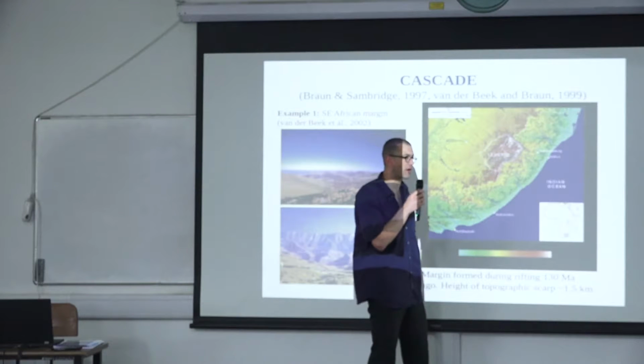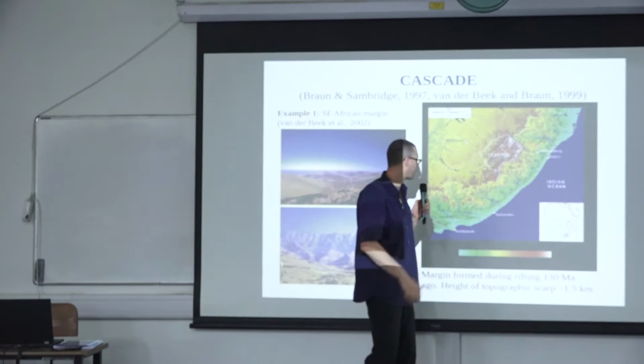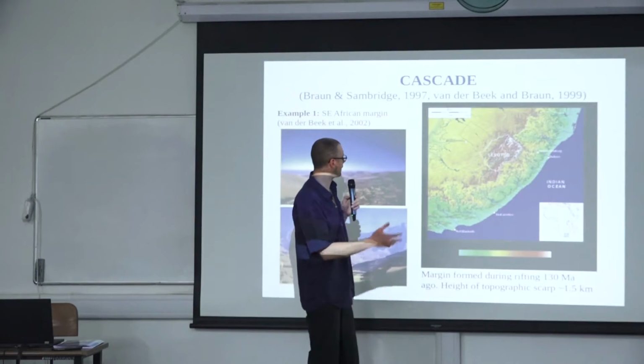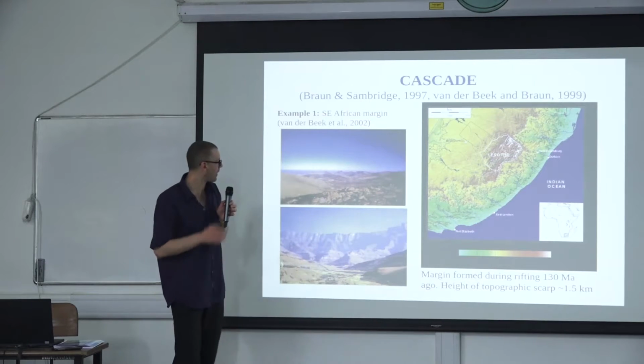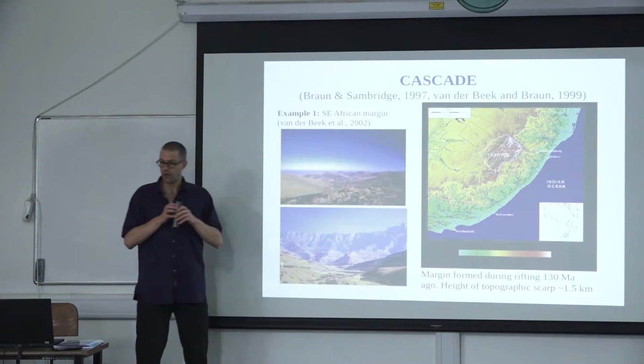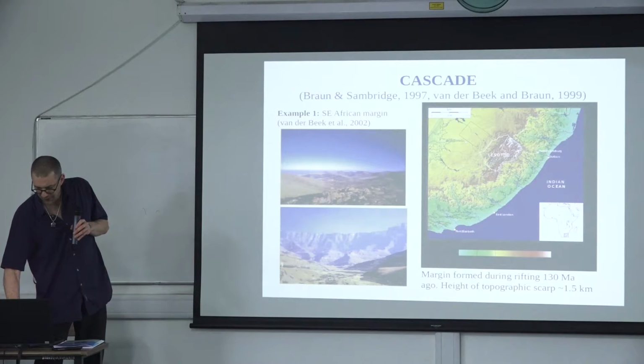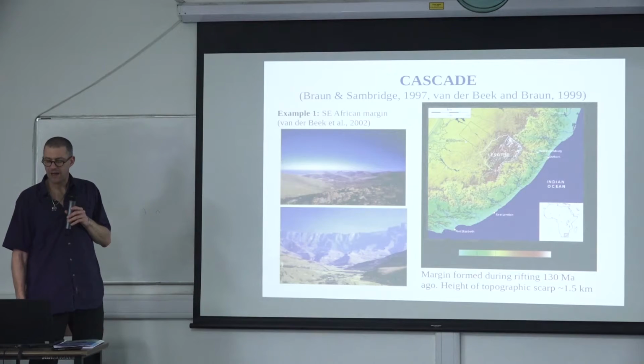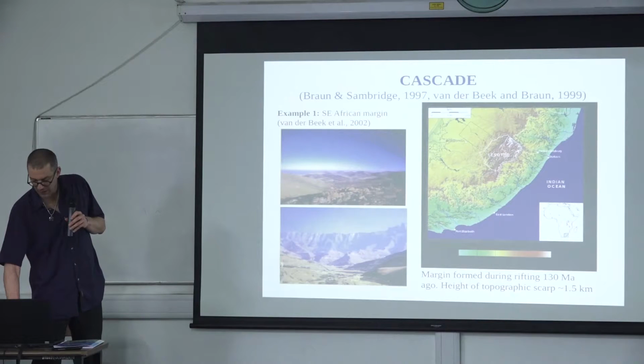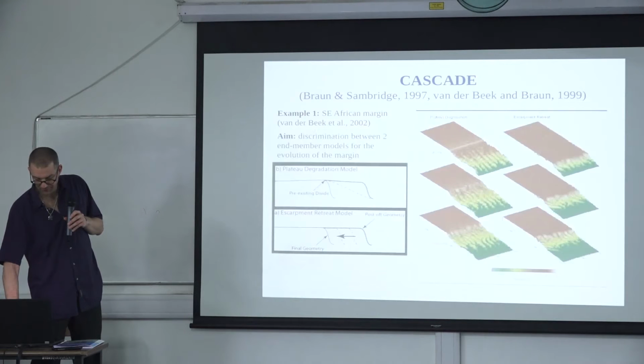This is fairly similar to the Western Ghats escarpment. So it's another passive margin. We have those clear steep cliffs. So it's a very old one that is related to the rifting roughly 130 million years ago, and you have a topography or a relief of 1.5 kilometers.